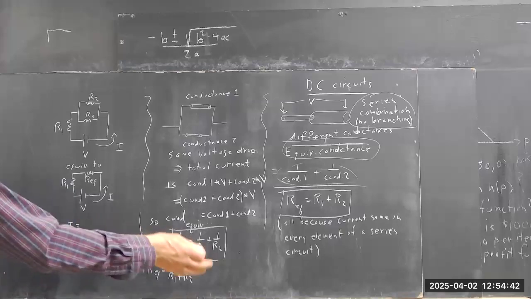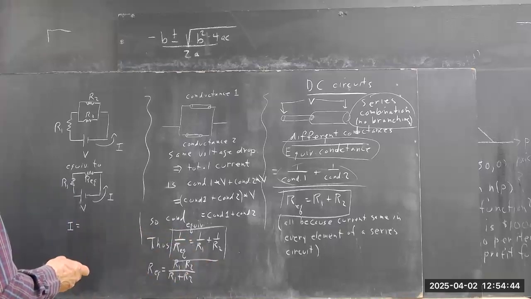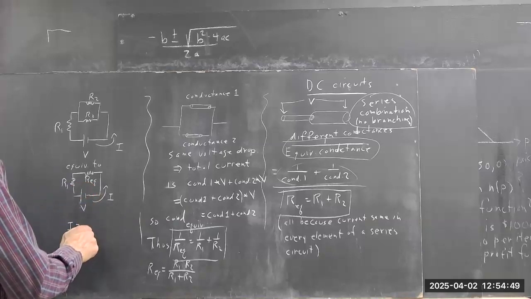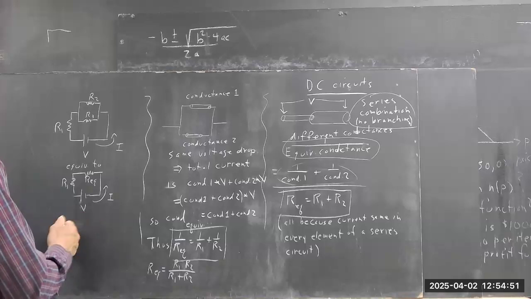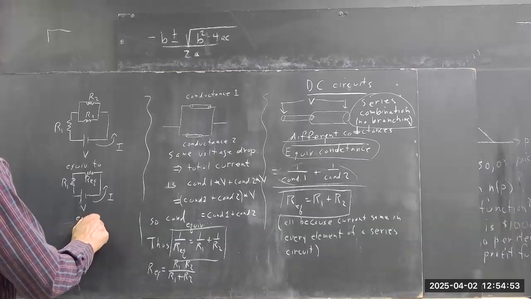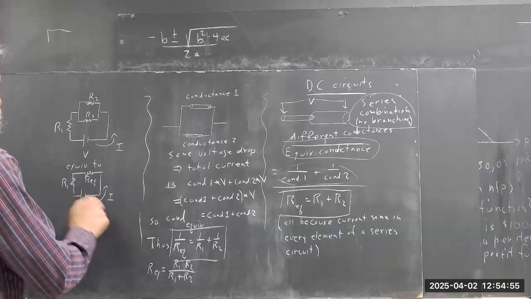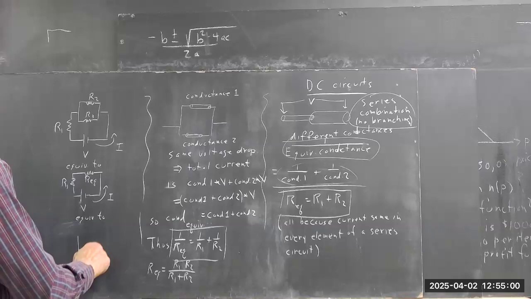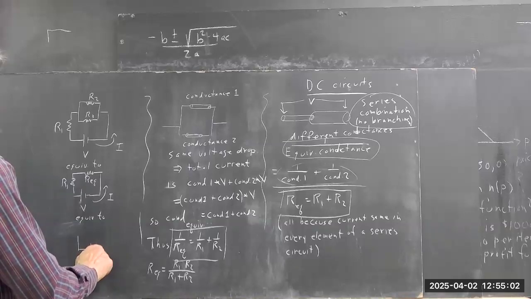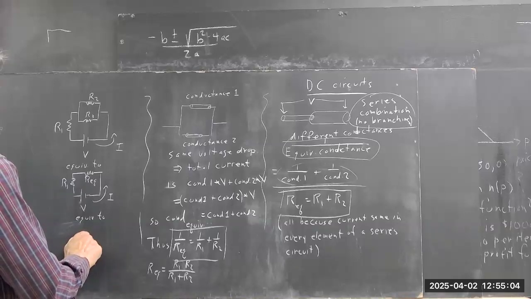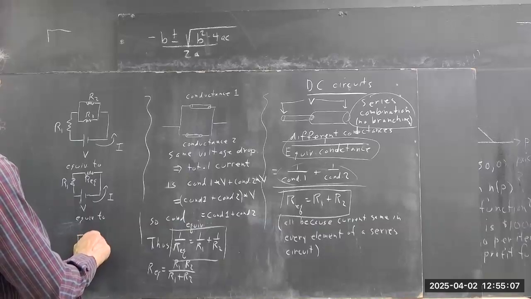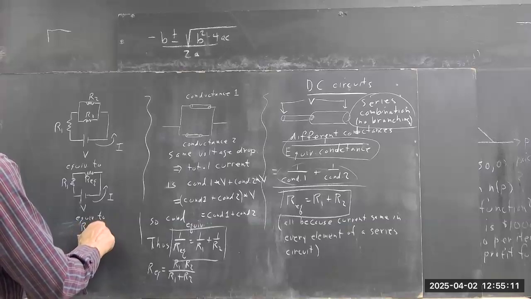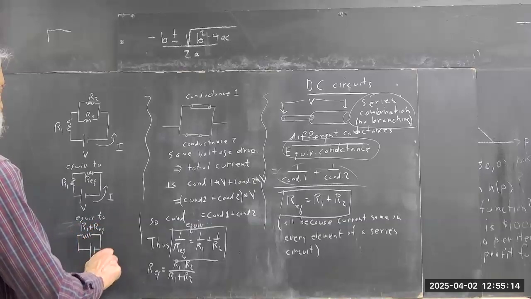You've got to take that into account. Okay, so using this equivalent, this is equivalent to the voltage over a single resistor R1 plus R equivalent.